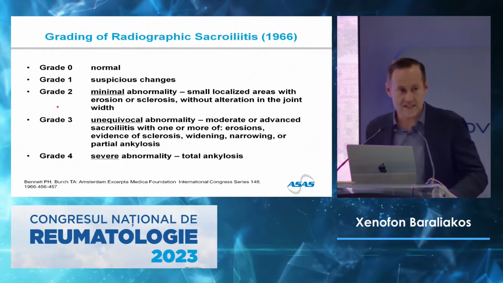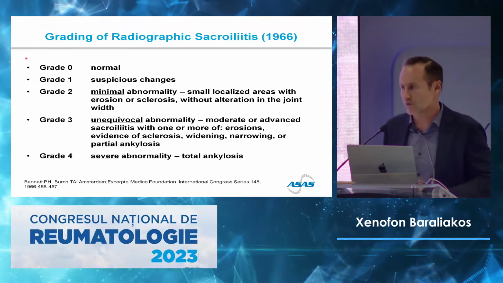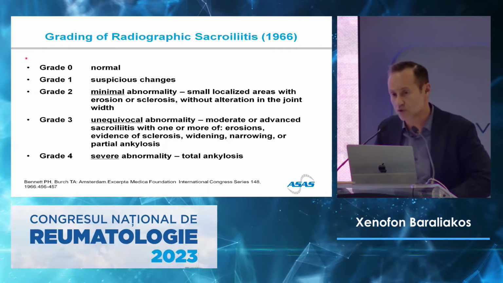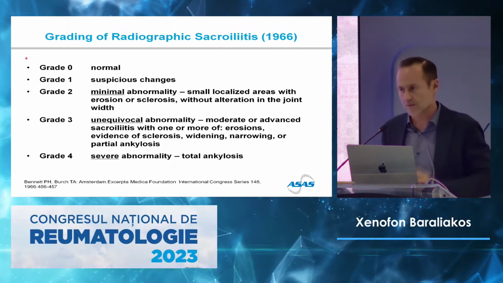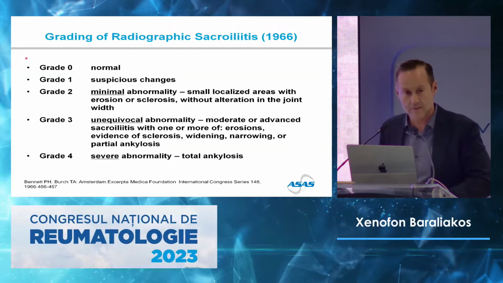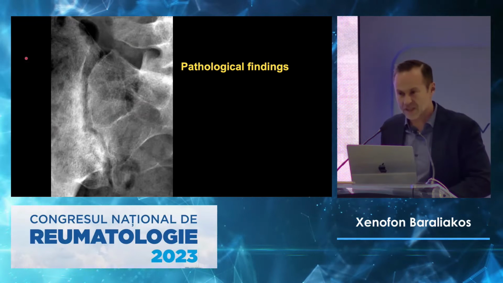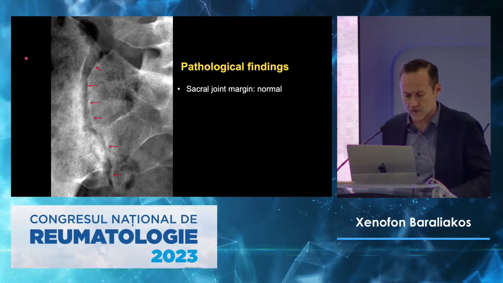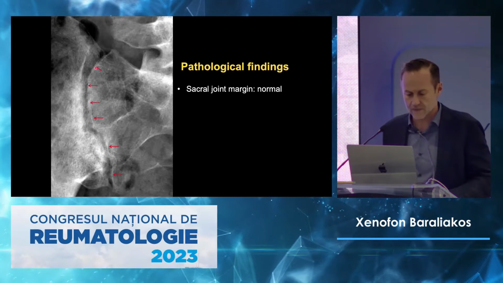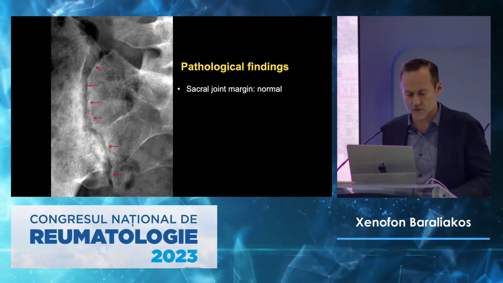Now, these things here do not really help a lot. This is something we know from the modified New York criteria. It was used, the grading: bilateral grade 2 or unilateral grade 3 or 4 means spondyloarthritis. In daily practice, again, what we're doing is we look into the normal cartilage line or to that line that has this kind of disruptions, like this one.